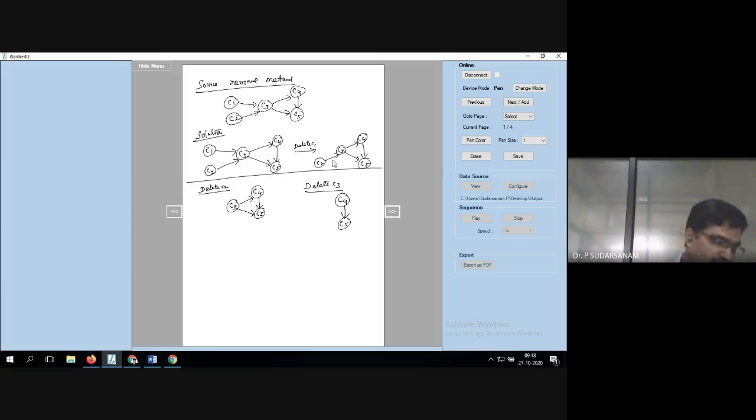Next, where you don't have the in-degree is nothing but C4. Delete that node. Delete C4. Now you have only C5. Next is delete C5. So now you don't have any nodes, no nodes and edges.